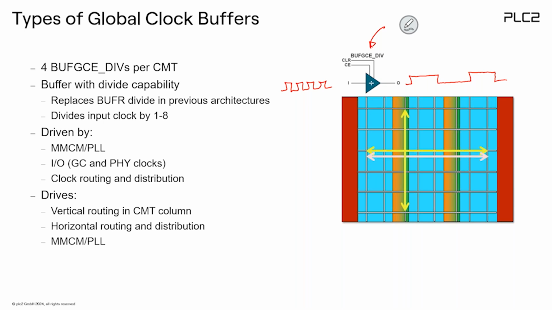This is again the proper way to derive clocks. There are also other possibilities. You could, for example, use a PLL or MMCM to divide or synthesize the clock. But this is a very easy way for us to generate a divided version of the clock.